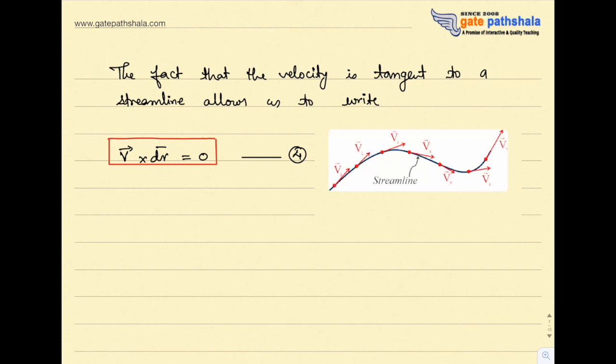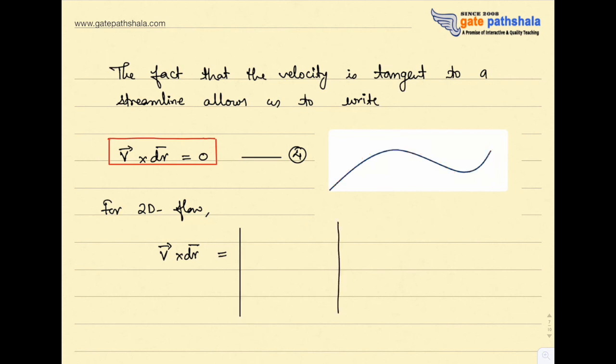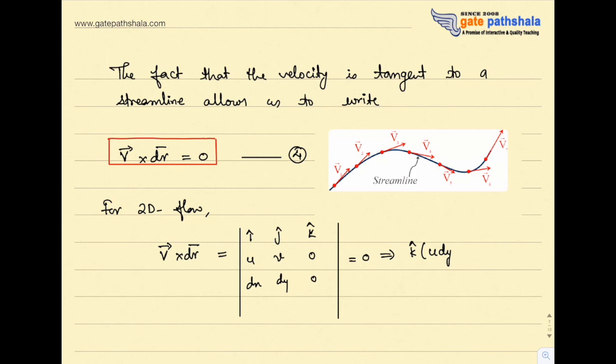So if we want to write for 2D flow, the cross product of the above two vectors, v bar and dr bar, can be written as the determinant with dx, dy, 0, since we are taking 2D, equals 0, and k cap into u dy minus v dx equals 0.